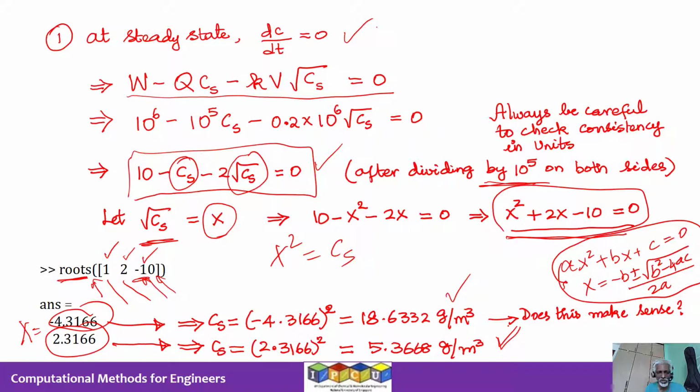Okay, this one, Cs is equal to 18.6332, is mathematically correct, but it comes from this root which is minus 4.3166. So its origin is not good, and therefore we do not take that to be a physically meaningful answer to the problem.